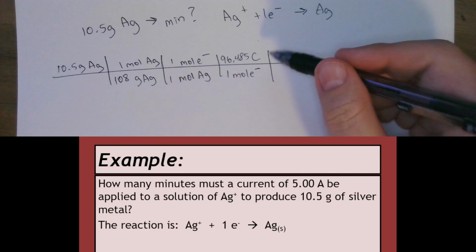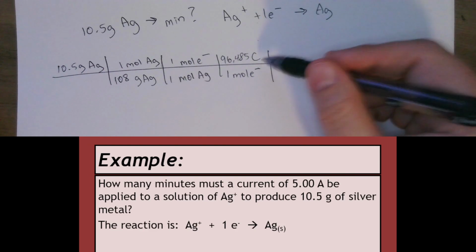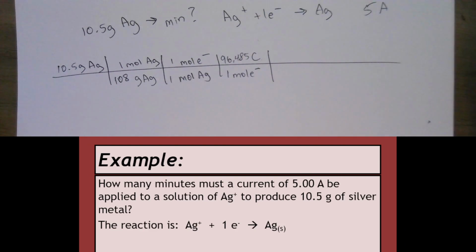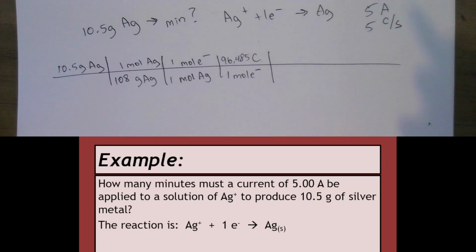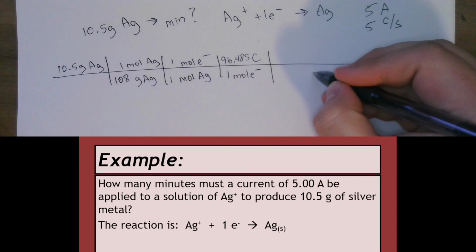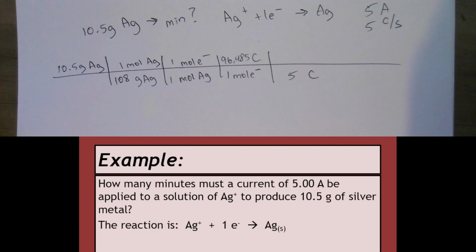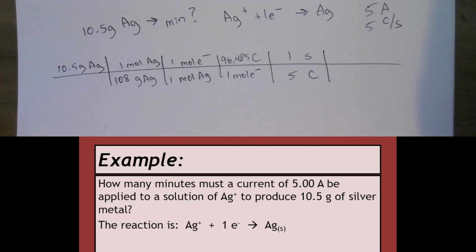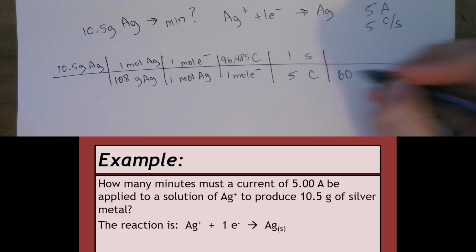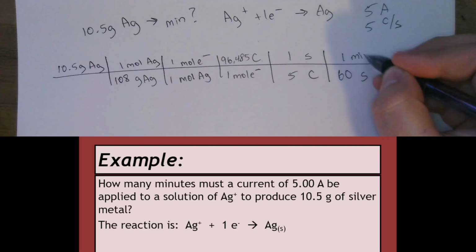Okay, now I need to turn coulombs into time. It gives me 5 amps, which means 5 coulombs per second. So I can use my coulombs to find how many seconds the wire must have been running for. Coulombs on bottom, I have 5 coulombs every 1 second. Now, if I was just asked for time, I could stop there, but I do want minutes, so I'm going to put 60 seconds equals 1 minute.